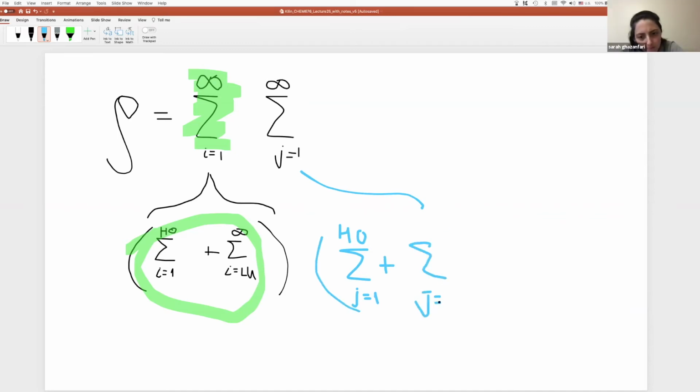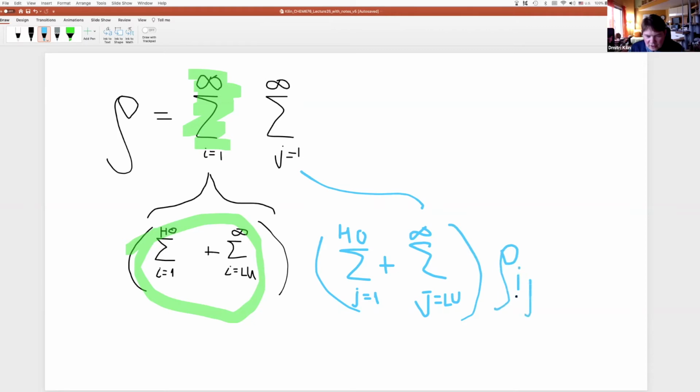Yes, exactly, from LUMO to infinity. And then after these two summations, we put rho i j, theta i star, theta j. Not phi, theta. Make sense?